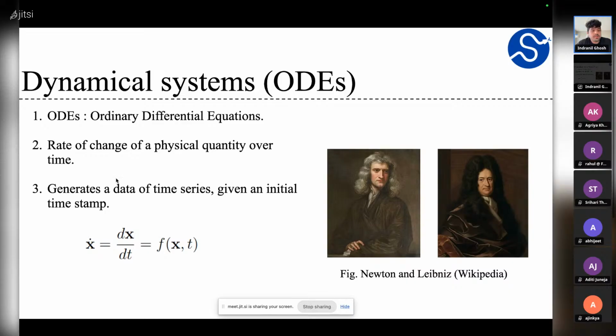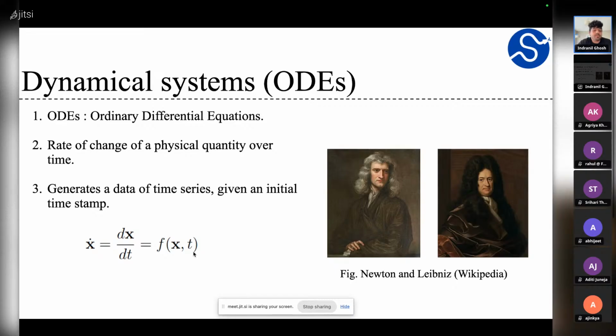It studies the rate of change of a physical quantity over time. The mathematical notation to denote a dynamical system is written as x dot, which means the change in that physical quantity with respect to the change in time. D denotes change. Physicists and mathematicians try to work out what this functional form is in their research.